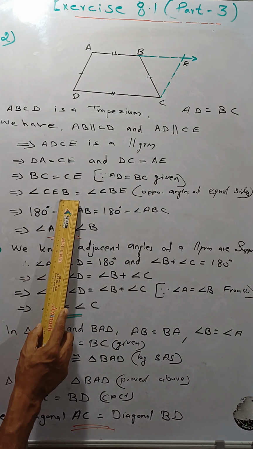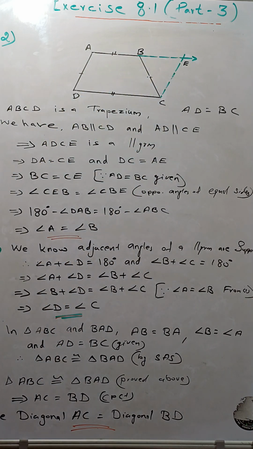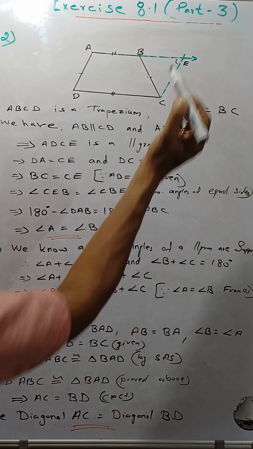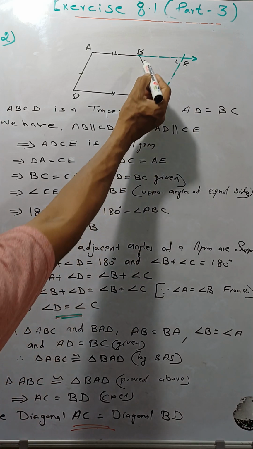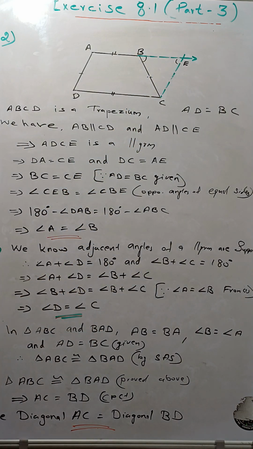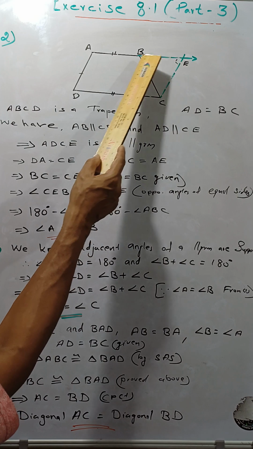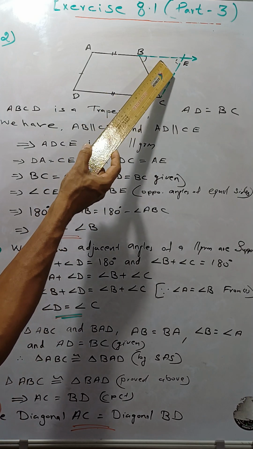Angle CEB and angle CBE are also equal. These two angles are equal because these two sides are equal.